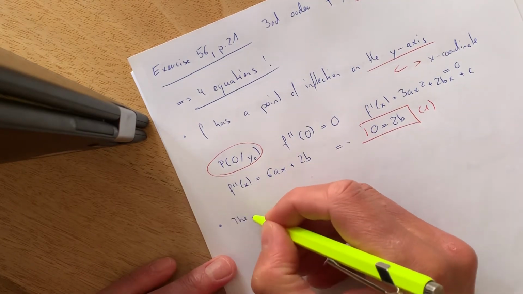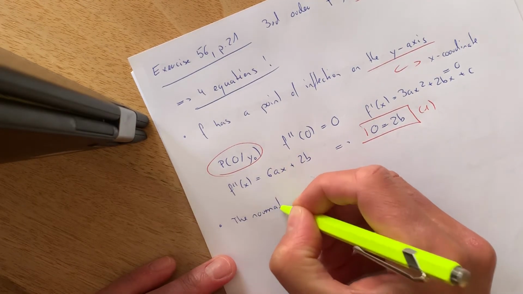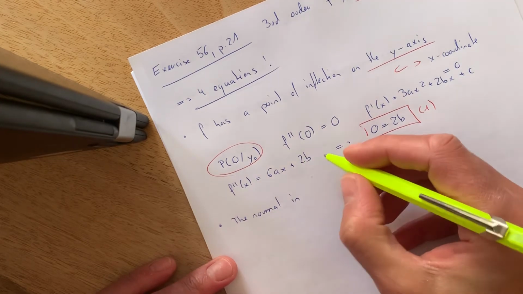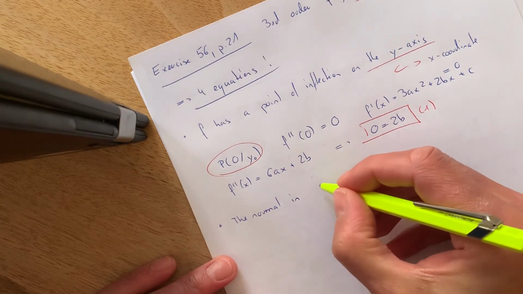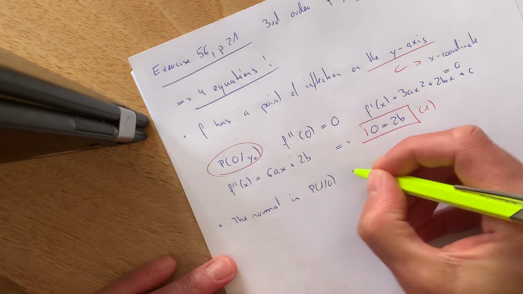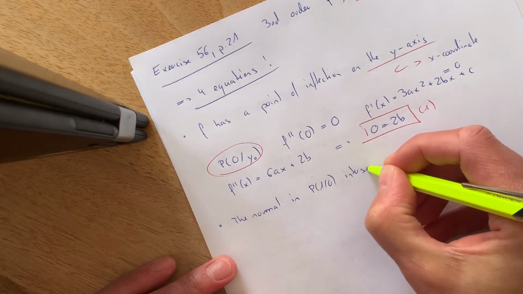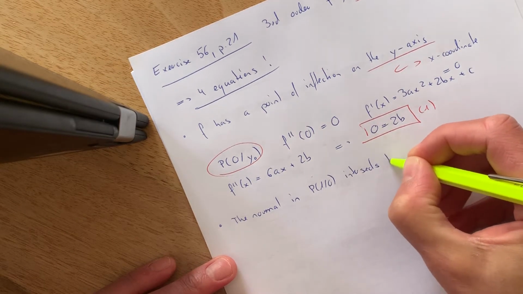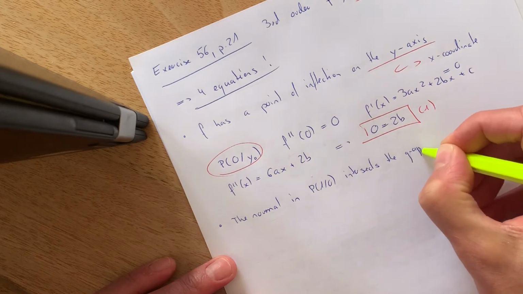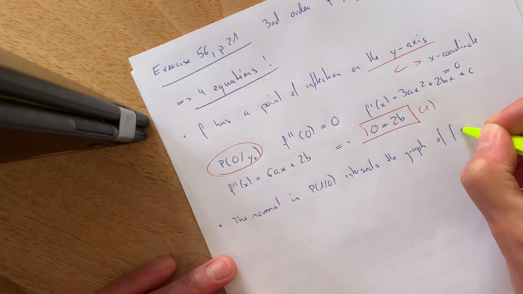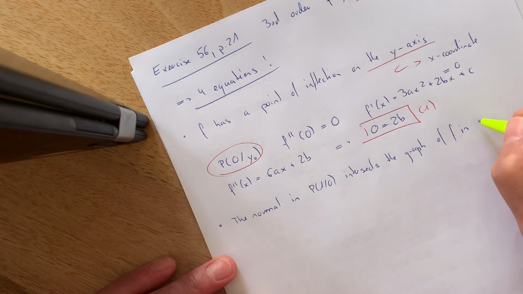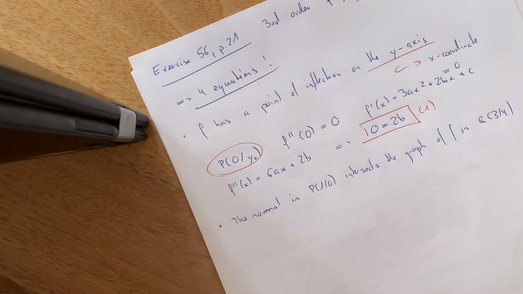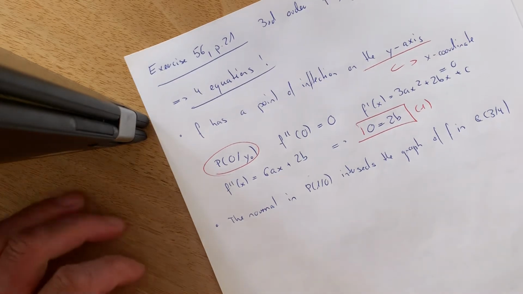The normal in P(1, 0) intersects the graph of f in Q(3, 4). And it's important to understand what this means.